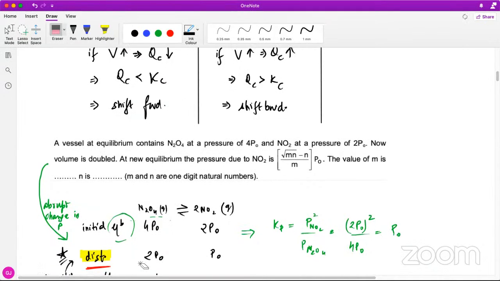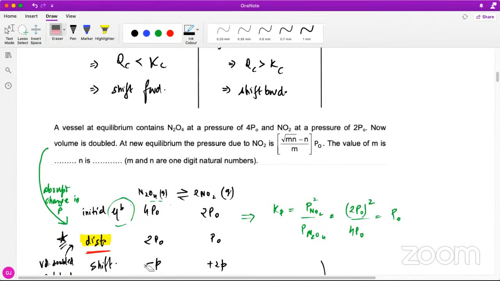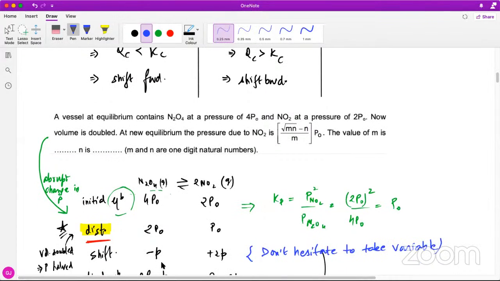तो यहाँ पे मैंने शिफ्ट में लिख दिया -p and +2p, right? I did not hesitate to take variable. मैंने मान लिया ना, ये स्मॉल p वेरिएबल ले लिया कि ये माइनस p हुआ है, ये प्लस 2p हो रहा है कि नहीं?